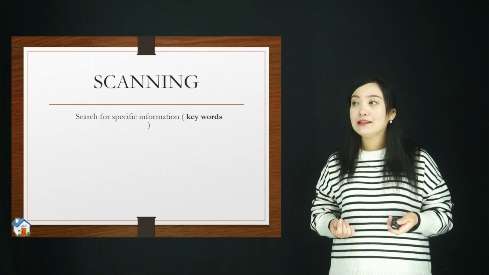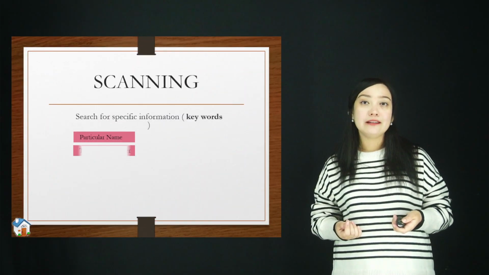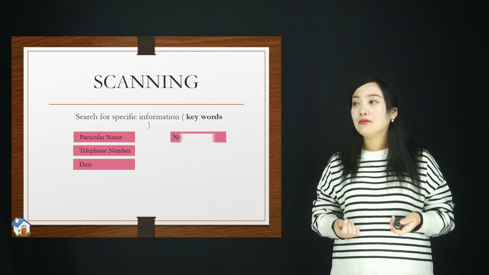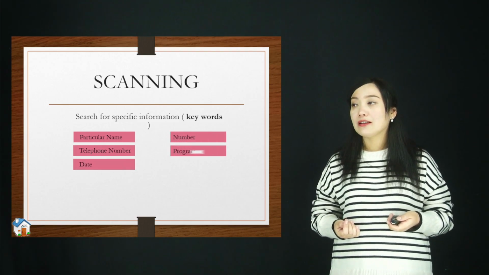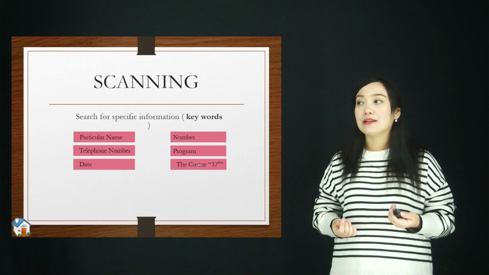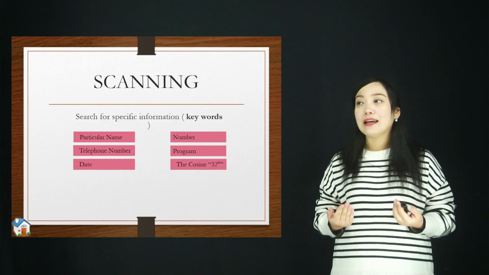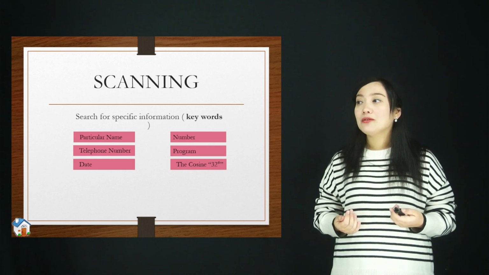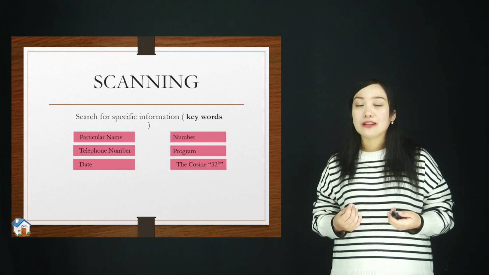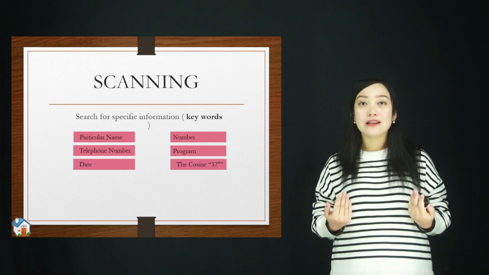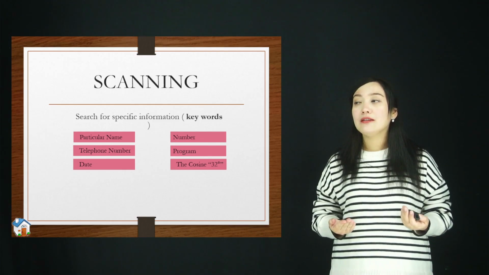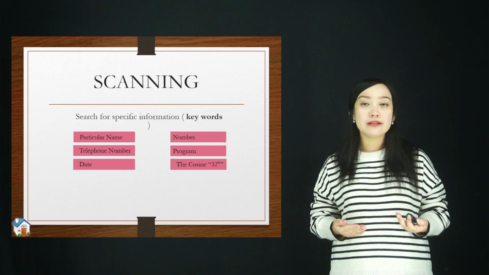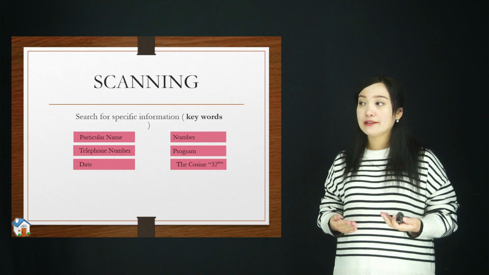So now we have the scanning section. So what is scanning? It is the first question, and we can learn how to do scanning during the reading test. Search for specific information. It's also a technique, and we can search for some keywords, some special words here.